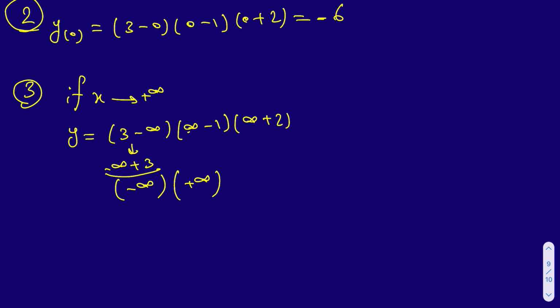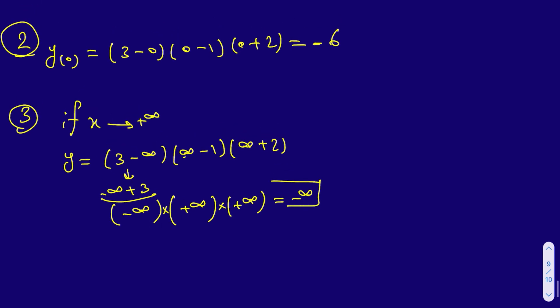Also positive infinity plus 2 will be equal to positive infinity. So negative infinity multiplied by positive infinity multiplied by positive infinity will be equal to negative infinity, because we have one negative. One negative times two positives will be equal to negative. So therefore, y approaches negative infinity.